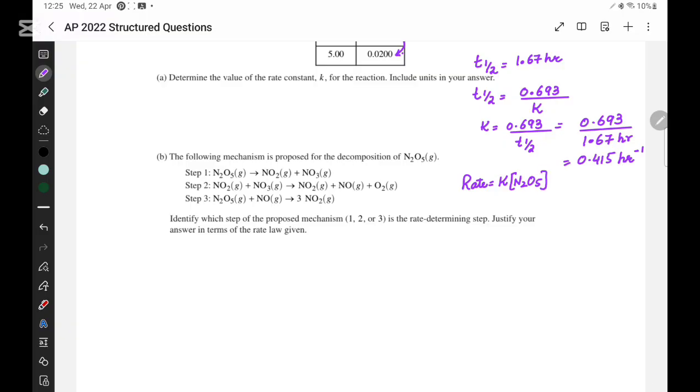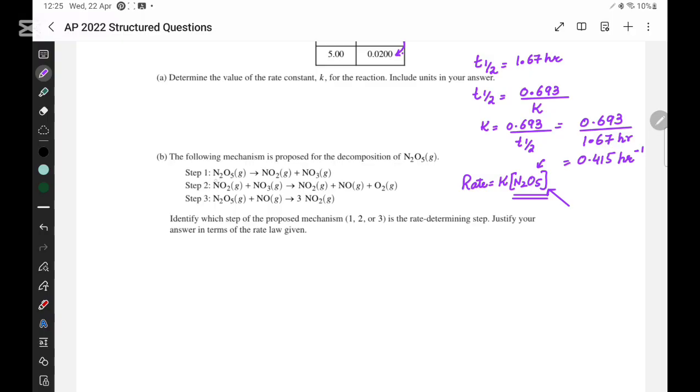So you can see that it is first order, and in the rate equation you must know one thing, that we have to find the reaction with the concentration N2O5.